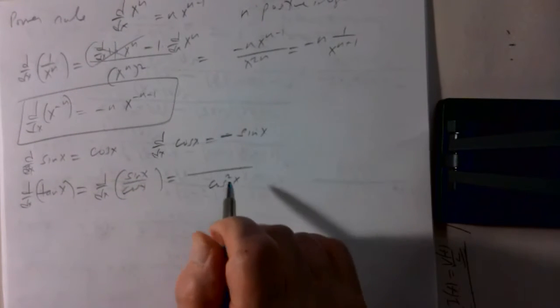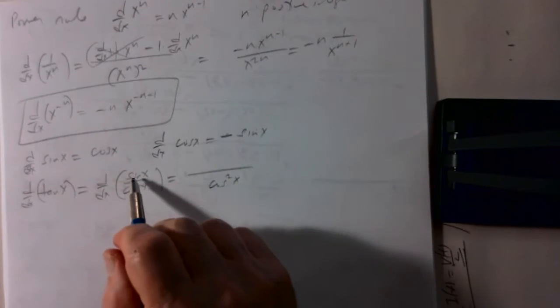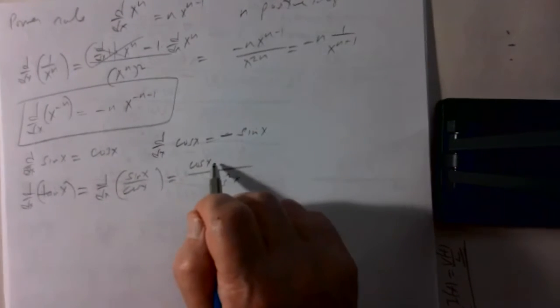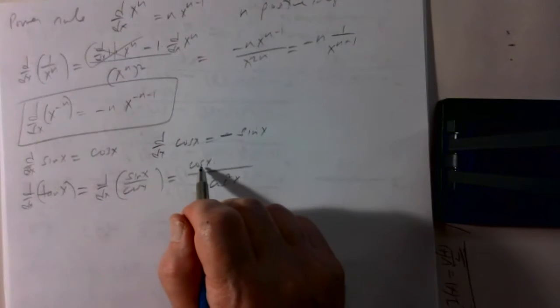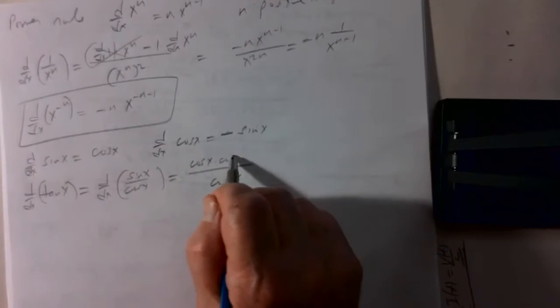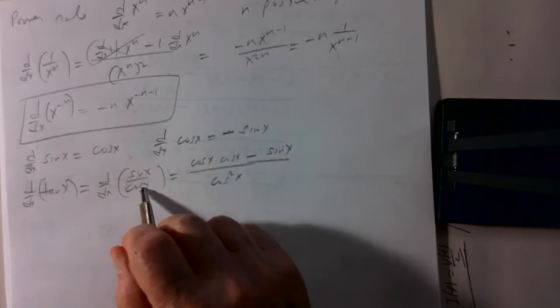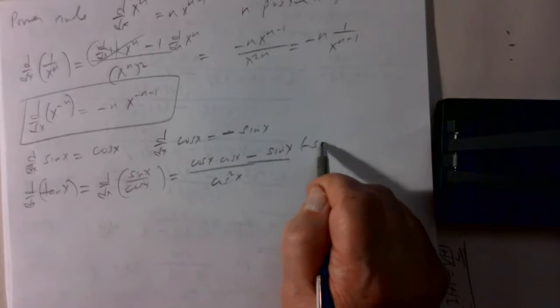This is cosine squared x in the denominator. The derivative of the sine, which is the cosine, derivative of the numerator gives us the cosine times the denominator, minus the numerator times the derivative of the cosine, which is minus the sine.